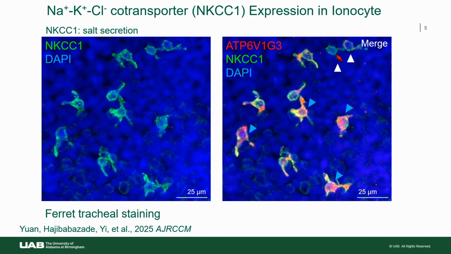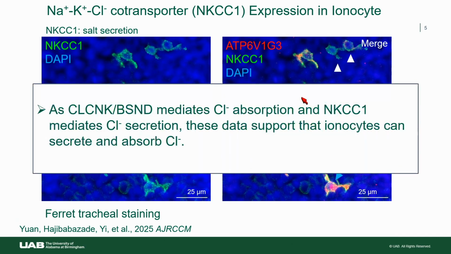One is NKCC1 positive and ATP6V1G3 negative, and the others are NKCC1 positive and ATP6V1G3 positive ionocytes. So, as BSND mediates chloride absorption and NKCC1 mediates chloride secretion, those data really support that ionocytes are capable of secreting and absorbing chloride.